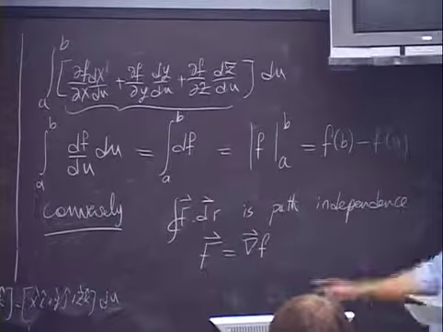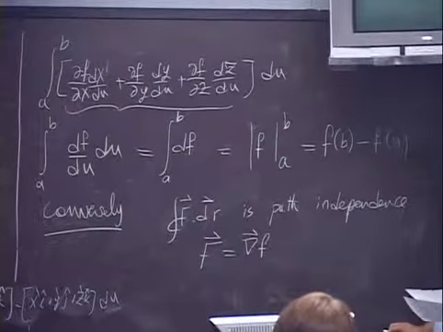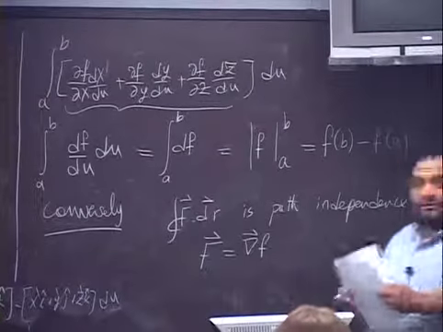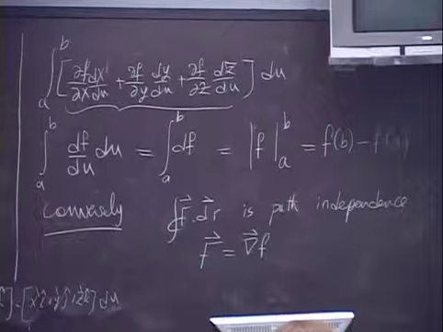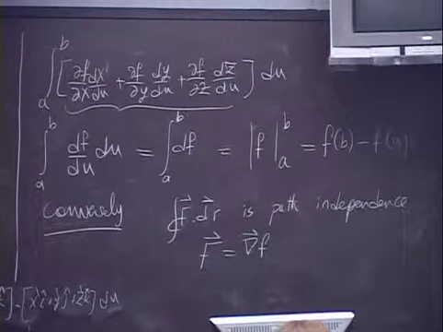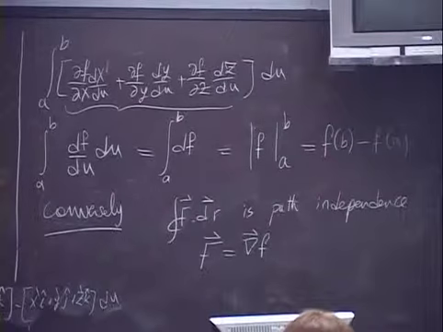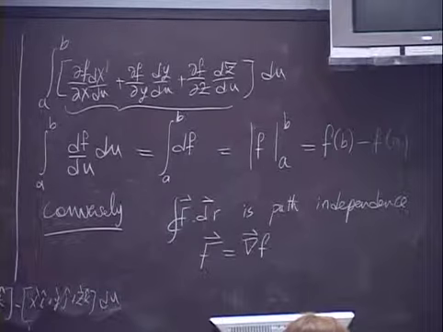Can be represented as what? Gradient of a scalar function. And what do you think? What function can be represented this way? Can somebody give me an example of this?